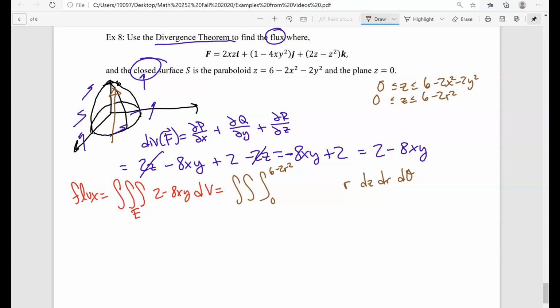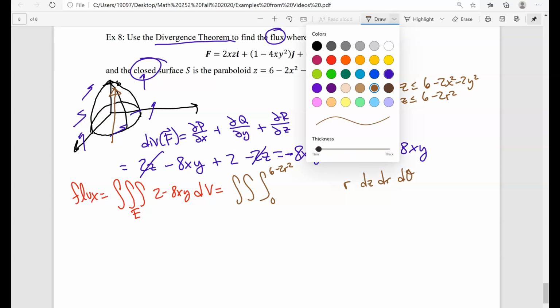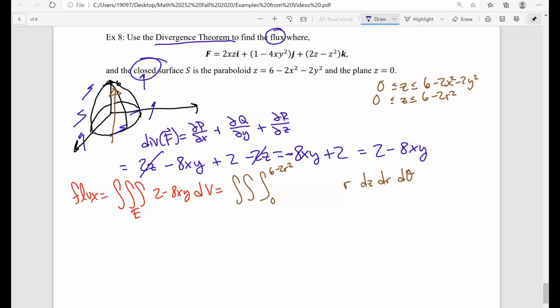Now, because we're converting to polar, my integrand is a little different. We have 2 minus 8xy, where x is r cosine theta and y is r sine theta, which gives me r squared cosine theta sine theta.